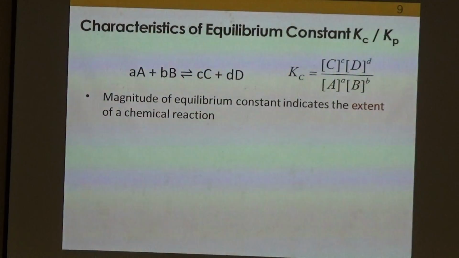The magnitude of the equilibrium constant indicates the extent of a chemical reaction. This one is something useful for you to think about. Look at the number. Let's say I tell you the Kc is 100. Are you going to have more of C and D, or more of A and B?